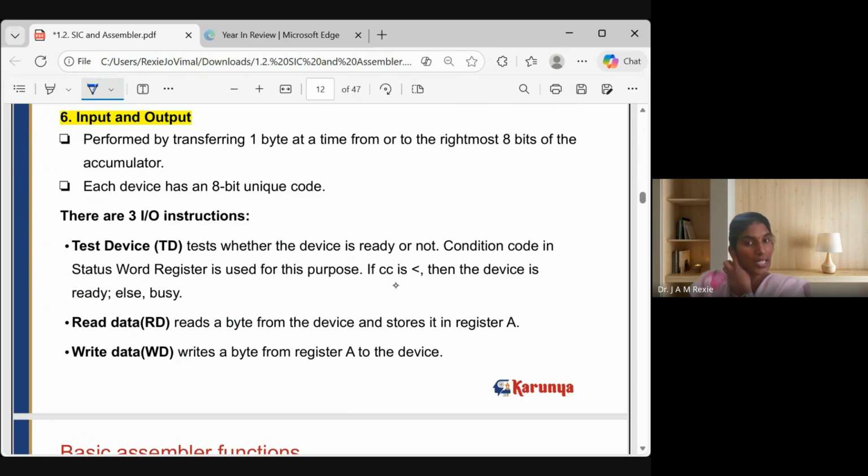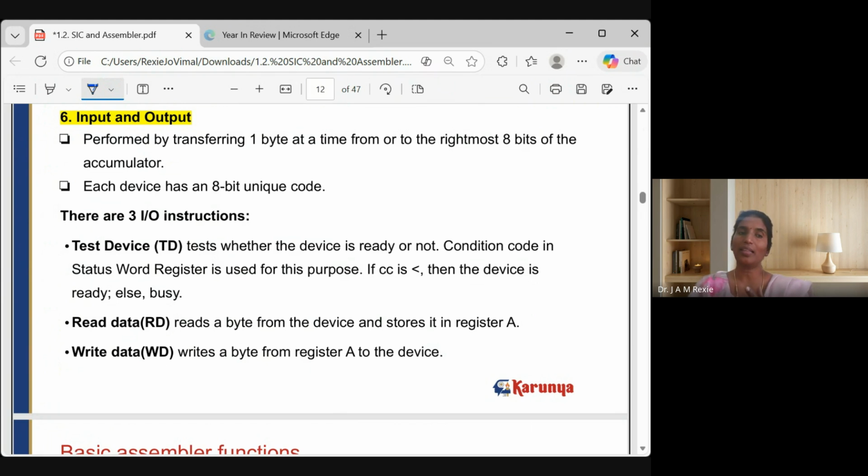And if that CC is less than, if I'm having jump less than, if that is true, means the device is ready. Okay, otherwise if it is equal to 0 means, if it is equal means, then it is not ready. Okay, and to read from the device, RD is used, and to write into the device, WD is used.